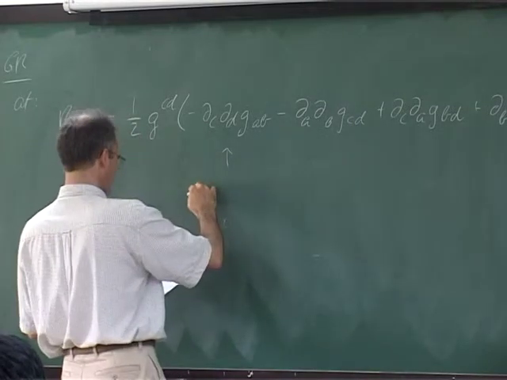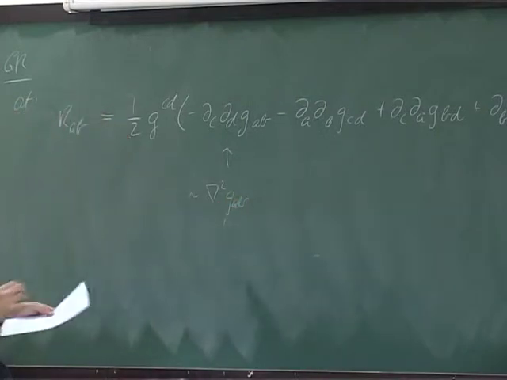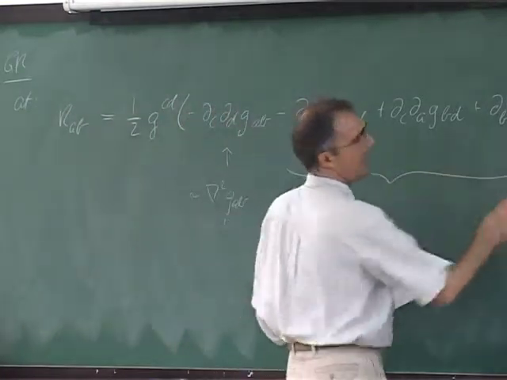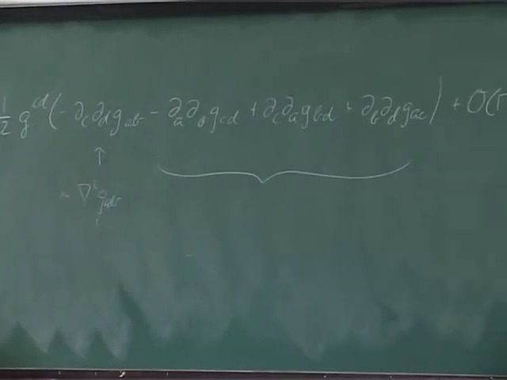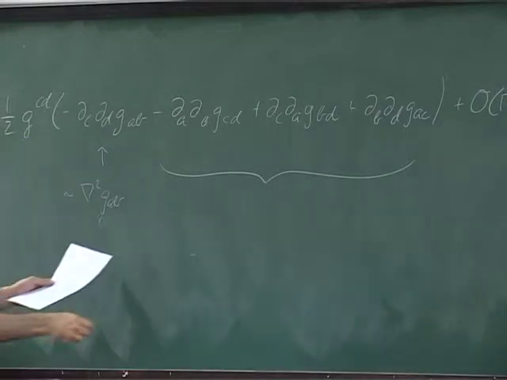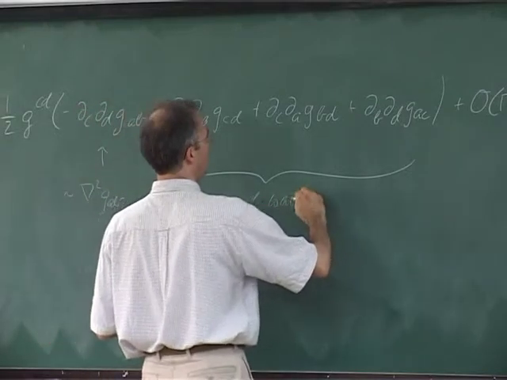So in 3D, this is proportional to the Laplace operator acting on the components of the metric g_ab. These 3 terms have the second derivative in different positions, all the different permutations of the second derivatives, just like the second term in Maxwell's equations, where we had the gradient of the divergence of A. So it is exactly these terms that again spoil the wave behavior.